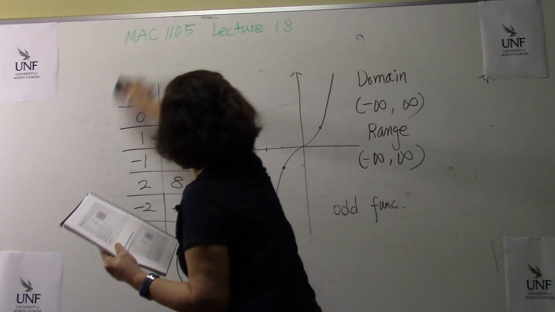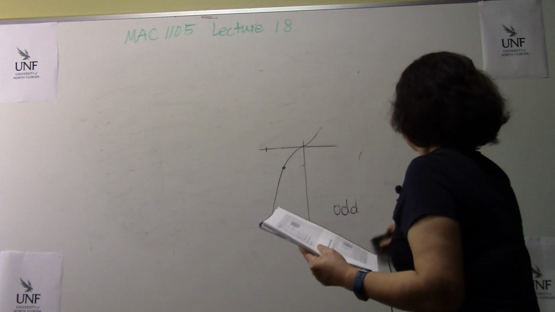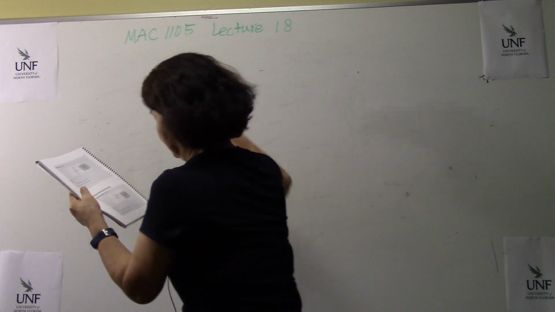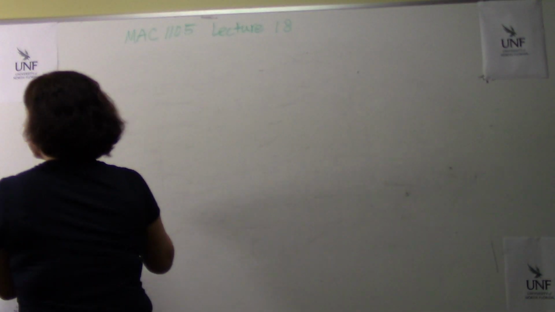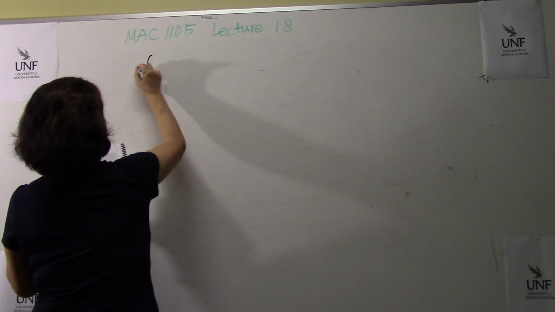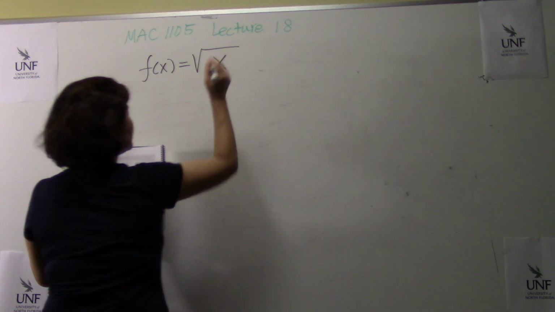Next, finally, we are going to see some radical sign over here. So the very first radical, which is square root. Okay? Square root, and the next one we are going to see cube root. So f of x equals square root of x.